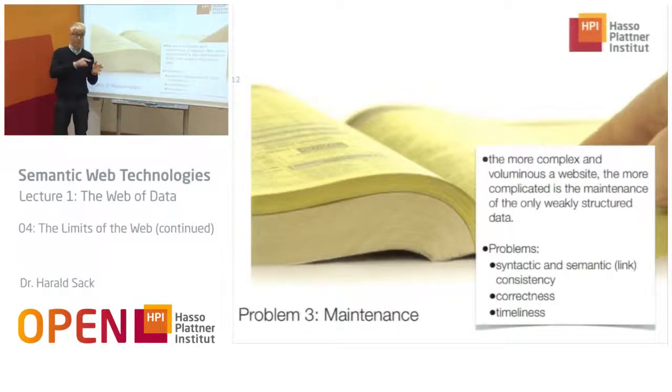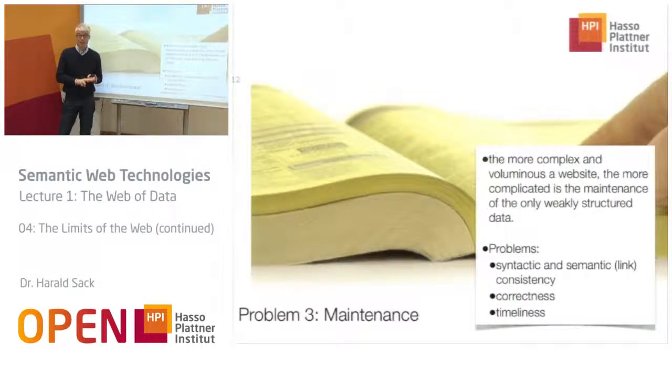Then, of course, your old link doesn't point to the new website. And the problem is, you will receive an HTTP 404 error. It means the website is not available under that link. This is a so-called syntactic consistency error, and you can recognize this fact because you will receive an error message from the HTTP protocol.